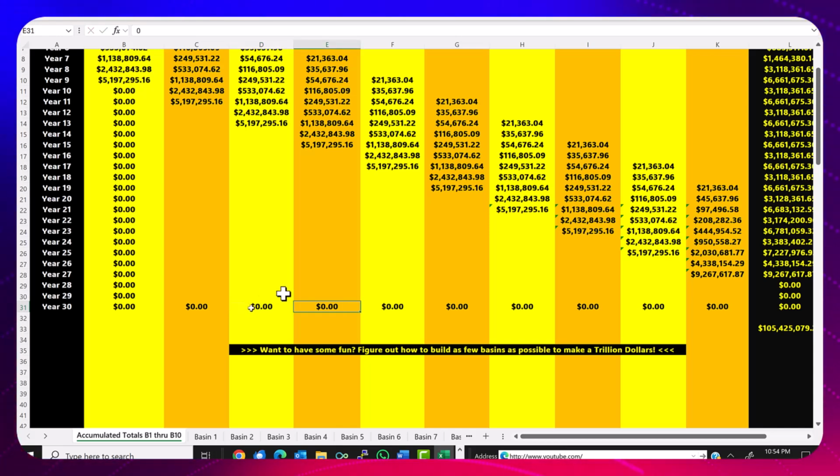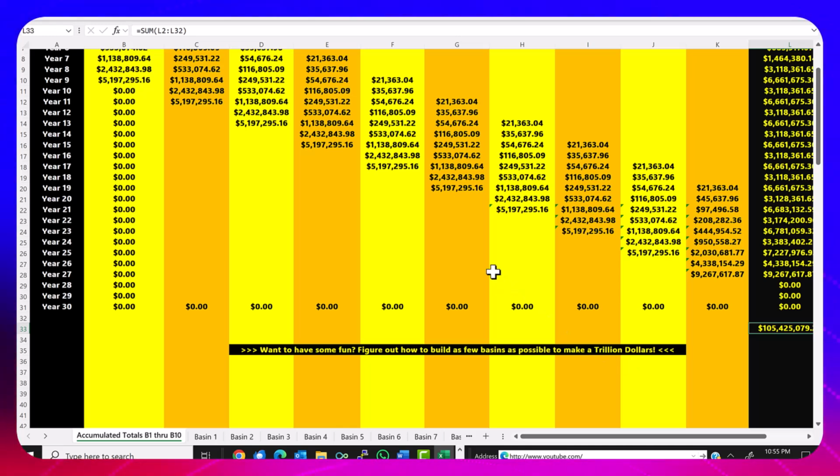And they would all add up, and this number 105 million would be much, much higher. Even if we just went down and we locked all these in. This is for 30 years, so every year you're going to make some money. Anyway, so let's just go back. You want to have some fun, figure out how to build as few basins as possible to make $1 trillion.